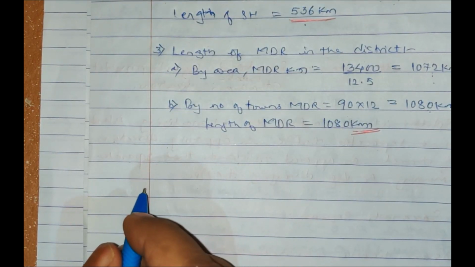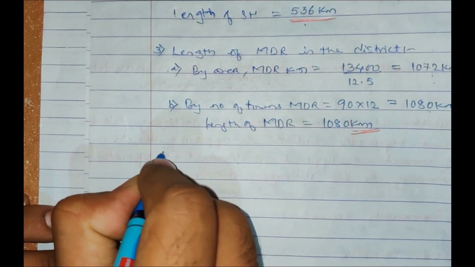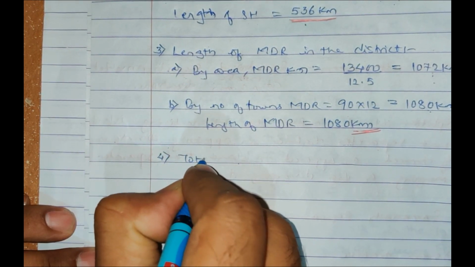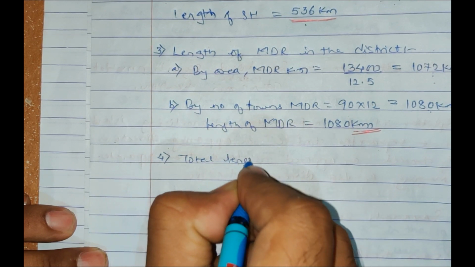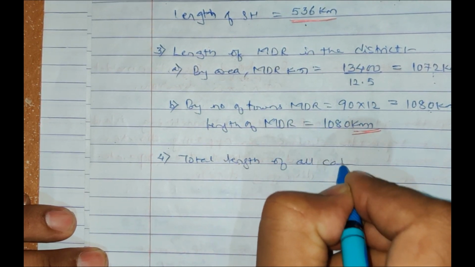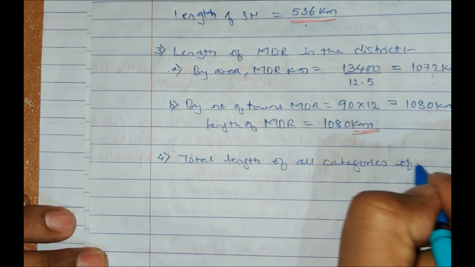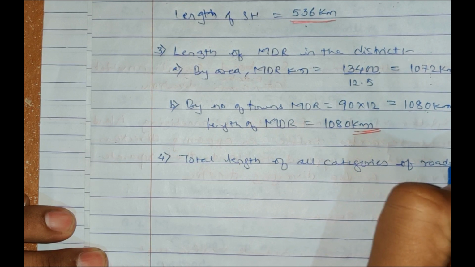Now next is to calculate the total length of all categories of roads.